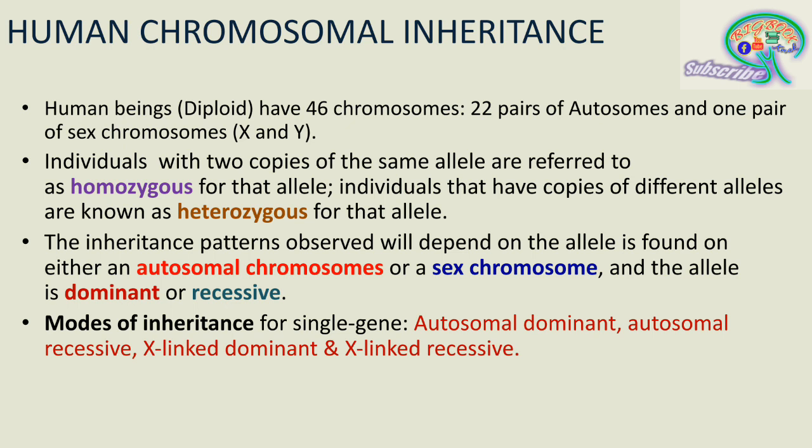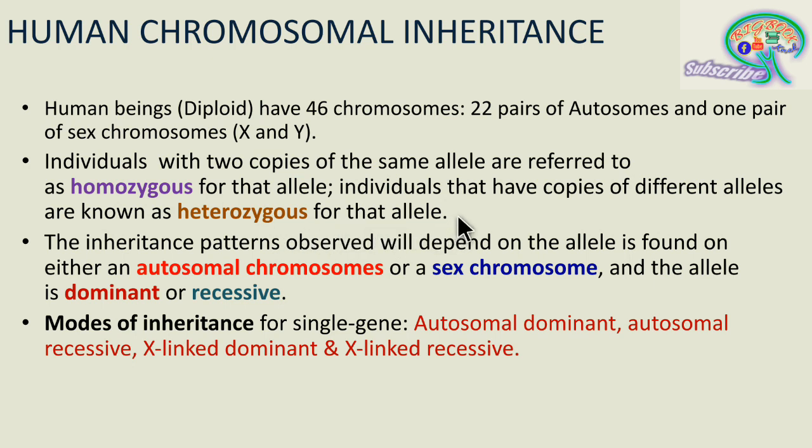The heterozygous type has one dominant and one recessive allele of the same gene. Individuals with two copies of the same allele are referred to as homozygous for that allele. Individuals that have copies of different alleles are known as heterozygous for that allele.